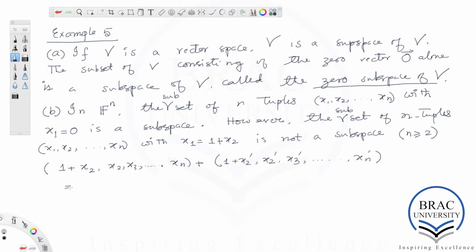When you add them according to the rule of addition in this vector space, it's 2 plus x2 plus x2 prime, then x2 plus x2 prime, x3 plus x3 prime, finally xn plus xn prime.